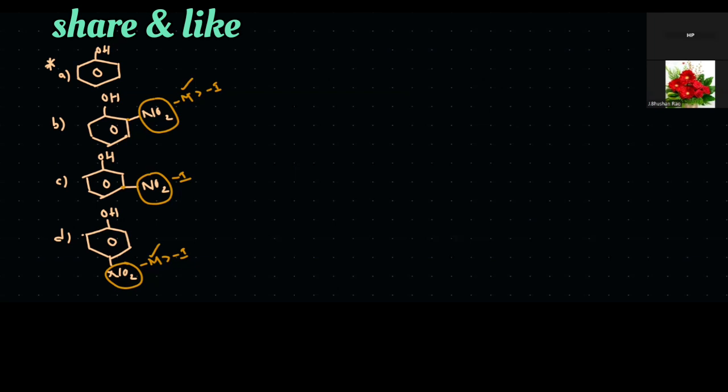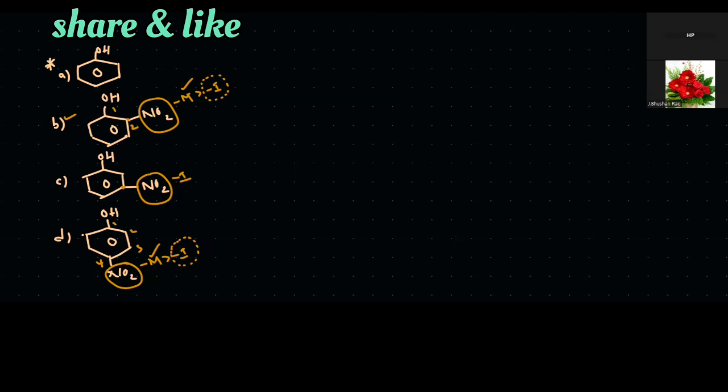Here also a minus I group is present, in both ortho and para positions. So which one decides the acidic strength? Distance. In compound B, the NO2 group is very near, the 1, 2 position. But if you observe compound D, 1, 2, 3, 4, the distance increases. If distance increases, the inductive effect decreases.